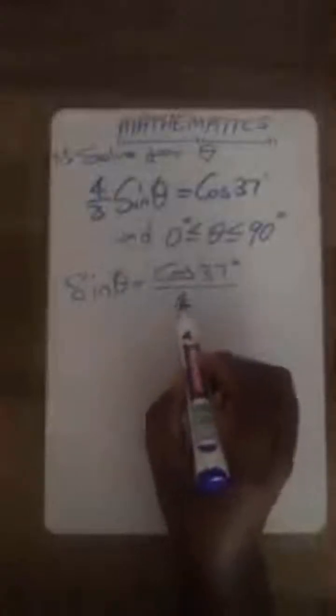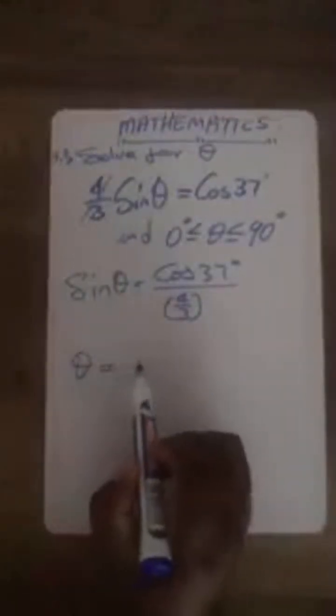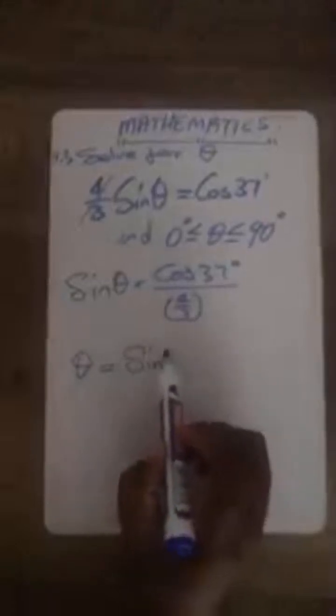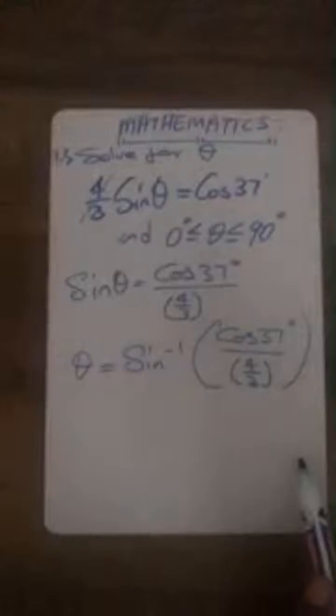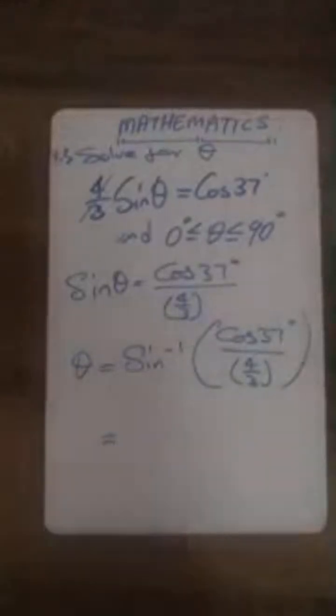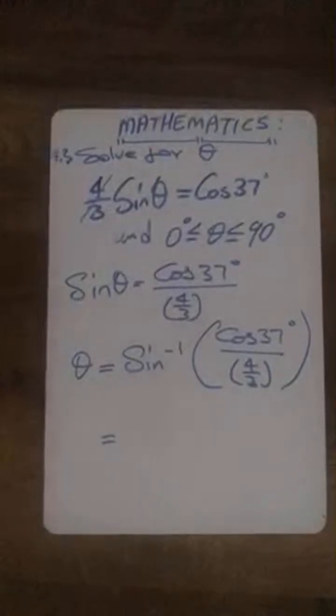You just write it as it is, and you divide by 4 over 3 because you want to remove it; that's why it cancelled. So finally your angle should equal arc sine of the whole of that over 4 over 3. Punch all of that in your calculator, and you get an answer, and it seems all of you are getting 36.8 degrees. Okay, then it's fine.